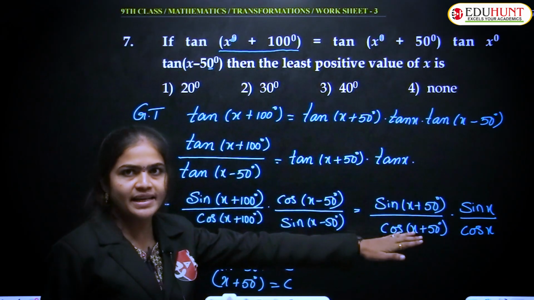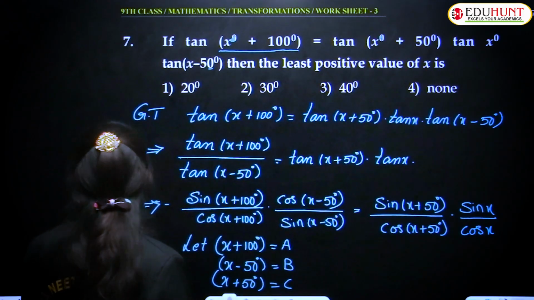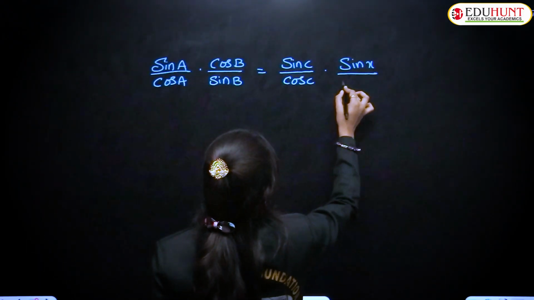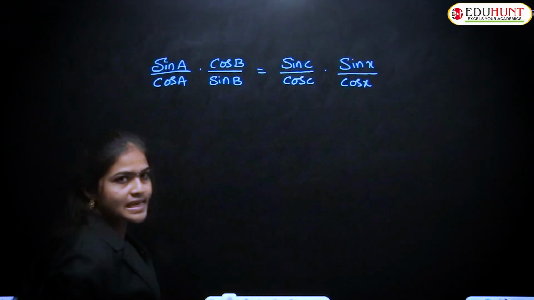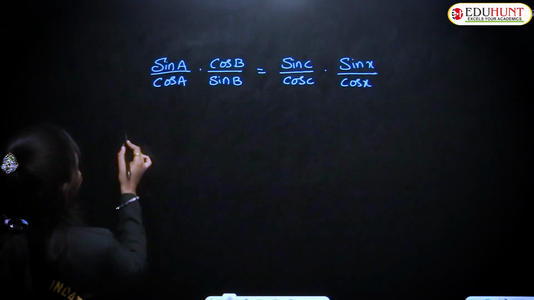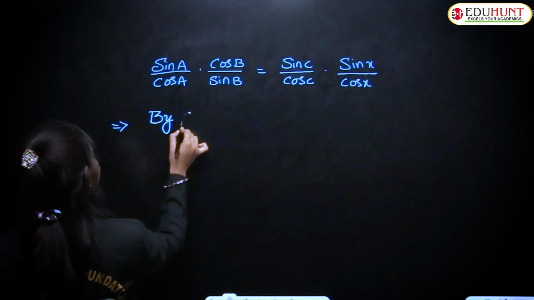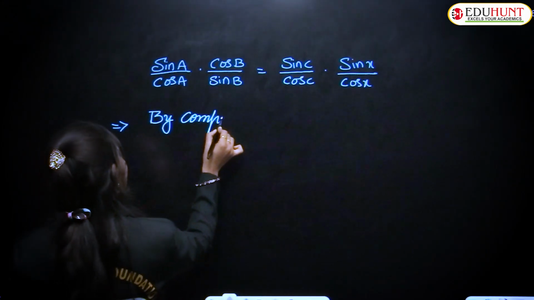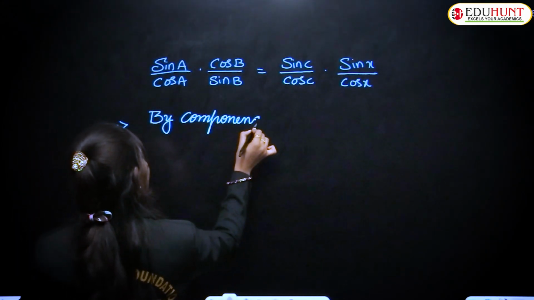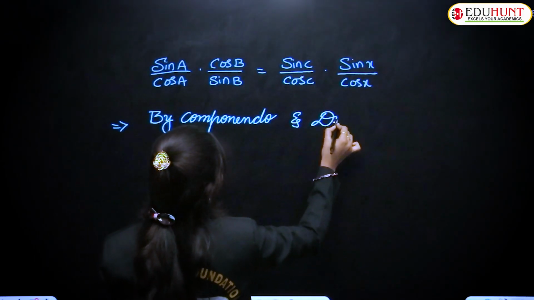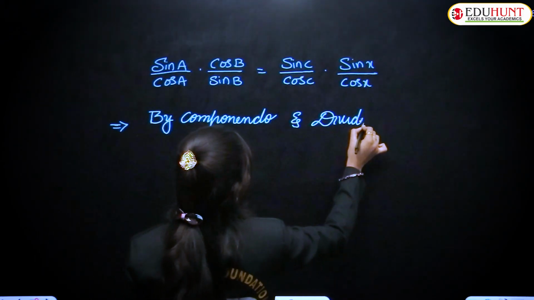Because in terms of x only there, no? So we can write easily sin x by cos x. Understand? Now here we can use the componendo and dividendo rule.